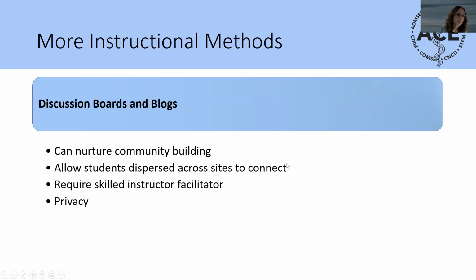And there are also the discussion boards, which have become even more popular since I wrote that chapter. They are more often used.